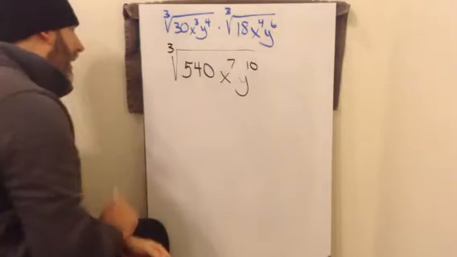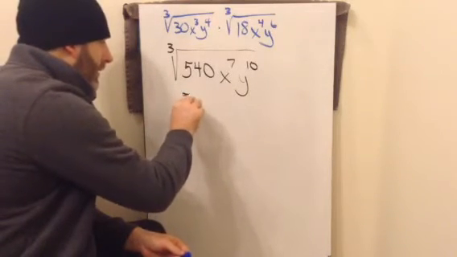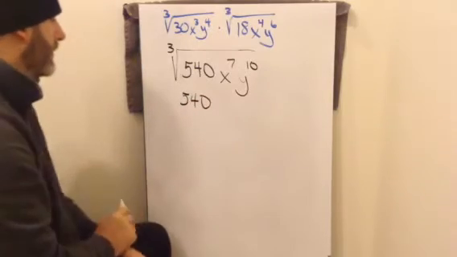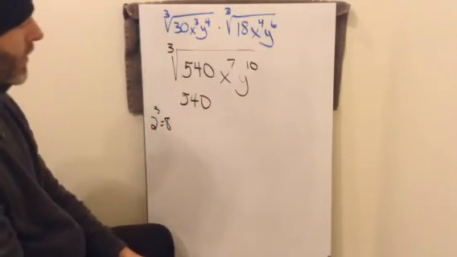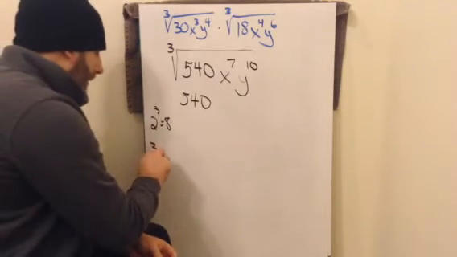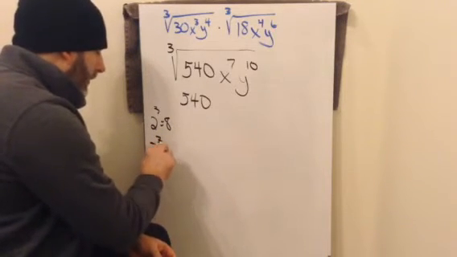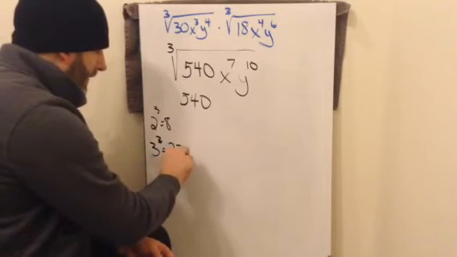Okay, 540. Okay, so I would start with 2 cubed, which is 8. Does that go in? It does not. I go with 3 cubed. Well, we saw 54 earlier. Well, we got 540. It's 10 times as much. So I know 27 is going to go in.